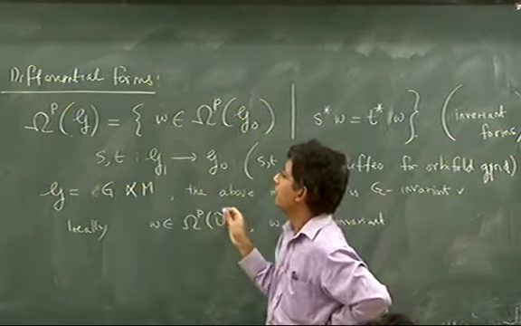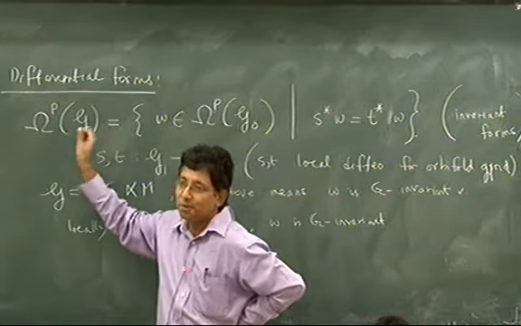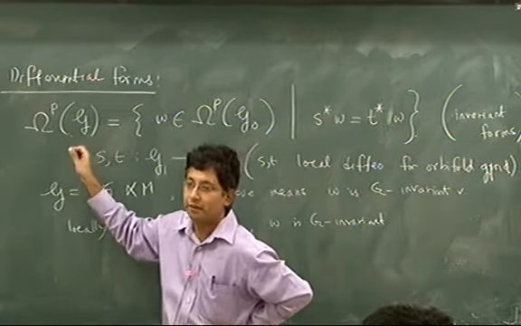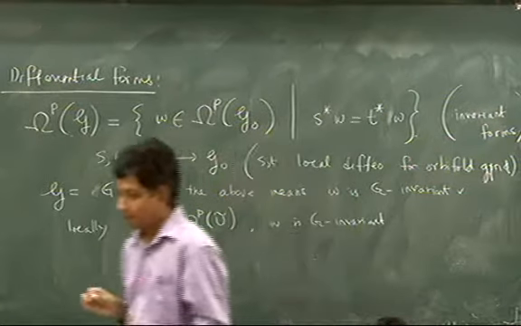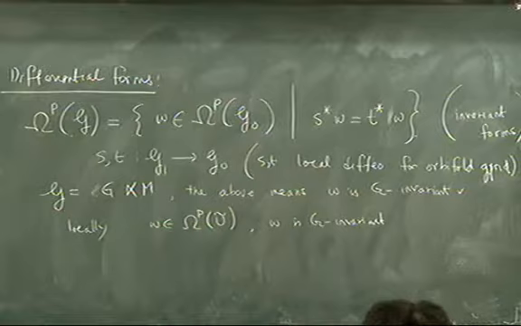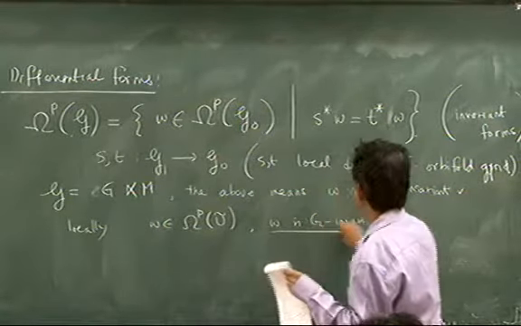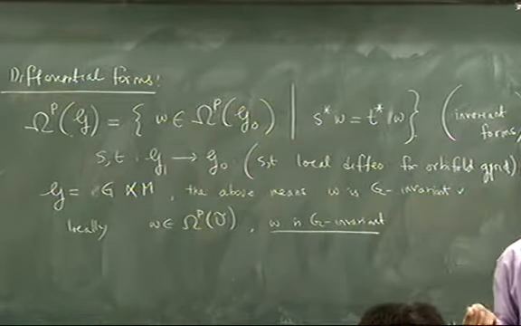I'm maybe looking at global sections, so maybe my notation is bad, but the idea is that omega is G invariant. So those are the things.